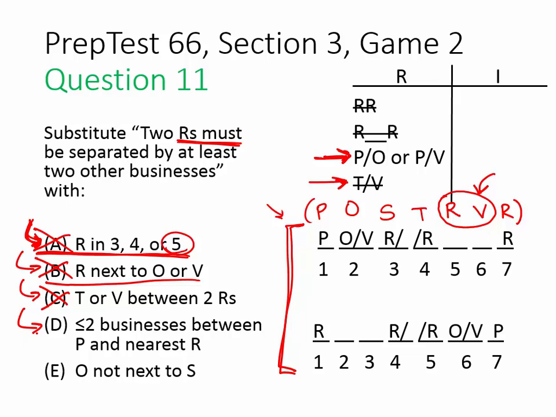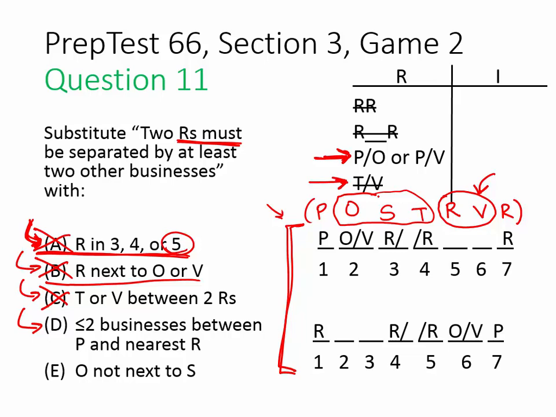What about this one? There have to be less than or equal to two businesses between P and the nearest R. Well, so far we do not have less than or equal to two businesses between P and the nearest R. So let's see if we can break that. So less than or equal to 2 means that we have 0, 1, or 2 in between.